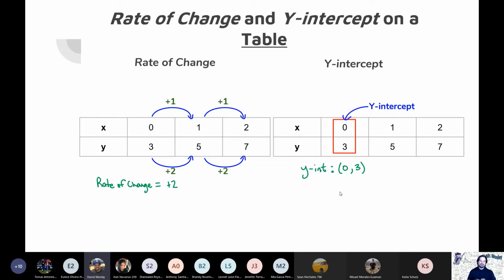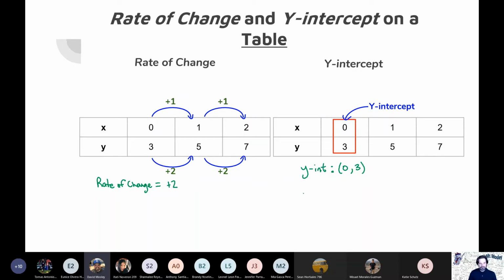Okay. So the y-intercept is coordinates. The start value is the value of y at the y-intercept. Okay. La intercepción de y es siempre coordenadas. Pero el valor inicial es el valor de y a la intercepción de y.